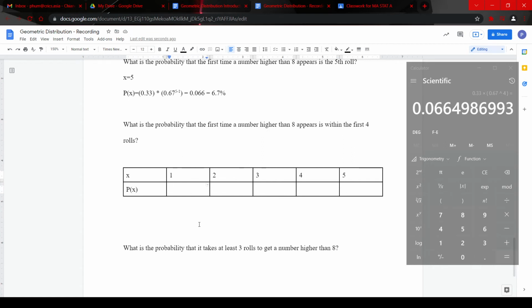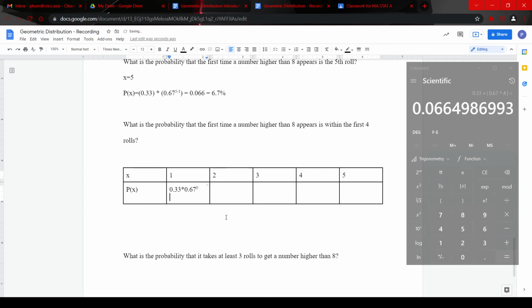So I'll start with 1, which is 0.33 times 0.67 to the power of 1 minus 1, which is 0. Anything to the power of 0 is 1. So for 1, it is simply equal to 0.33.